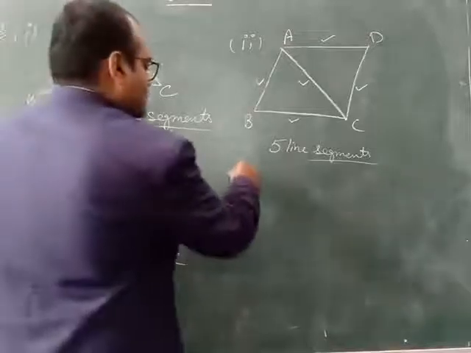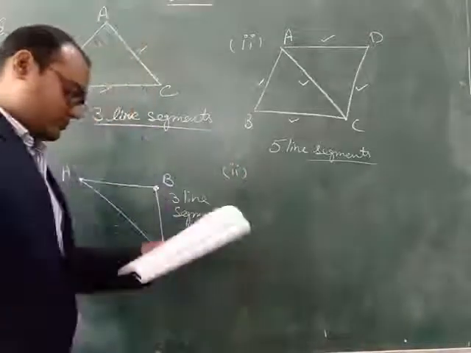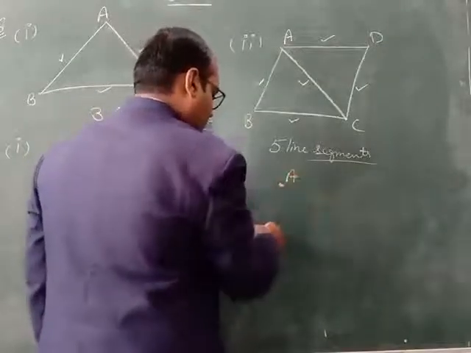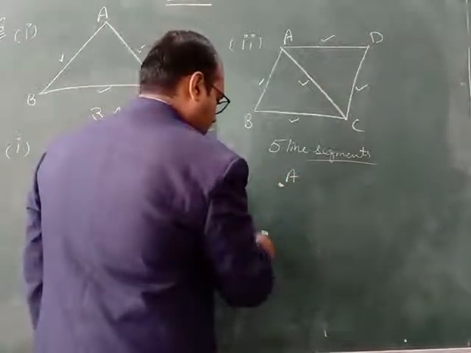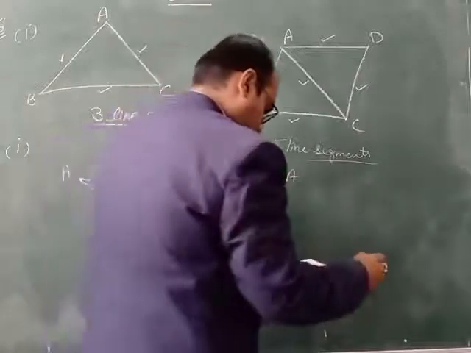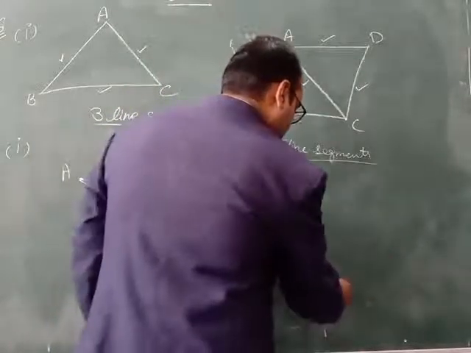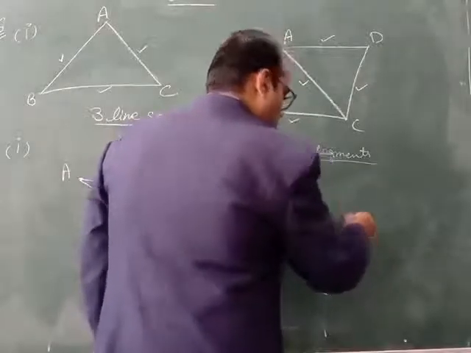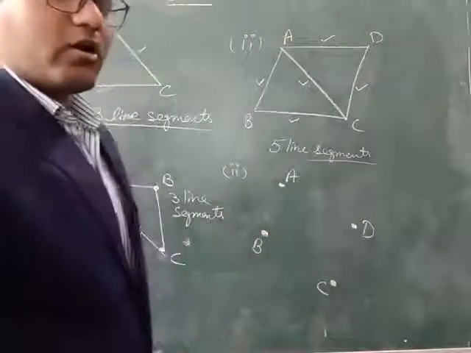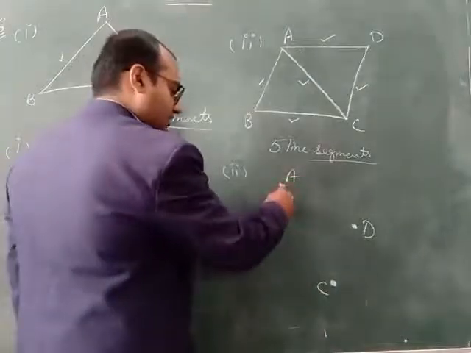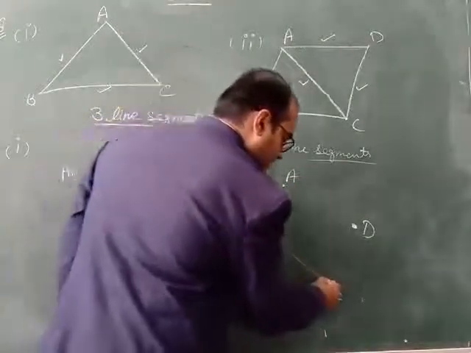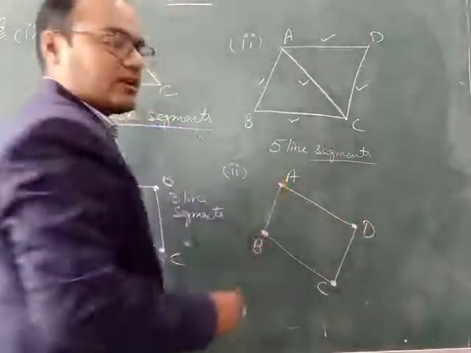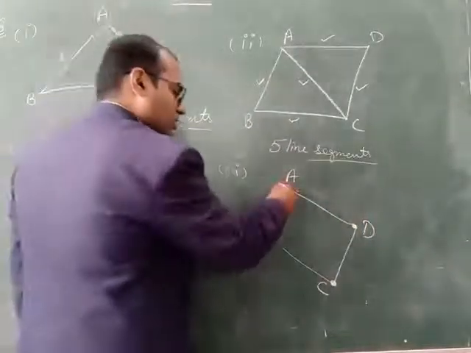Second part, A, B, C, D. 4 points are given and we have to draw all the line segments. So the first line segment is AB, second is BC, third one is CD, fourth one is DA, and we can join A to C also.